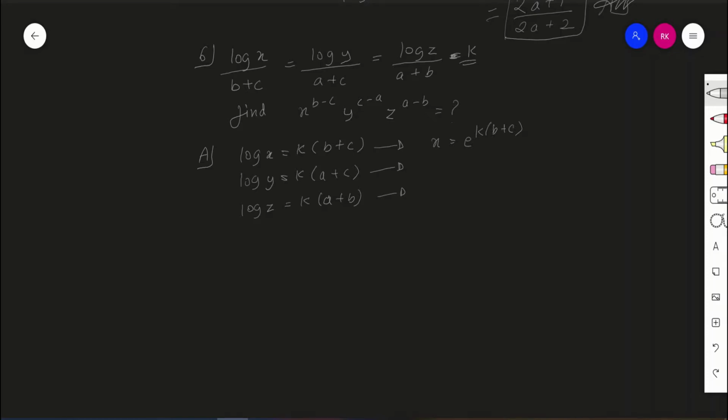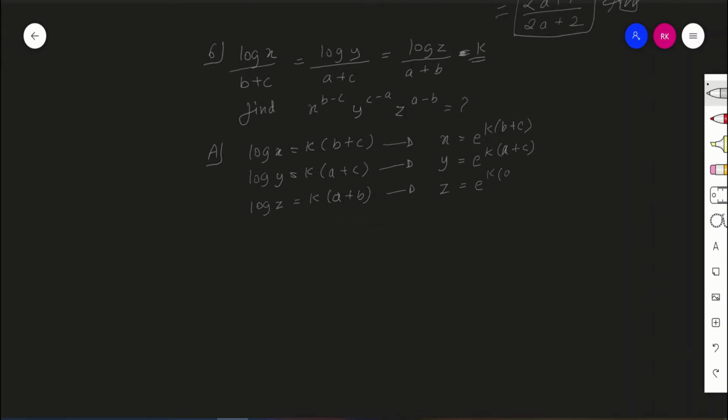If there isn't anything mentioned about the base, then you have to consider it as the natural log. So y is equals to e raised to the power k times of a plus c. z is equals to e raised to the power k times of a plus b.